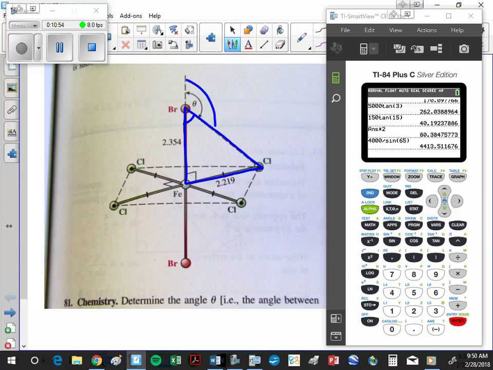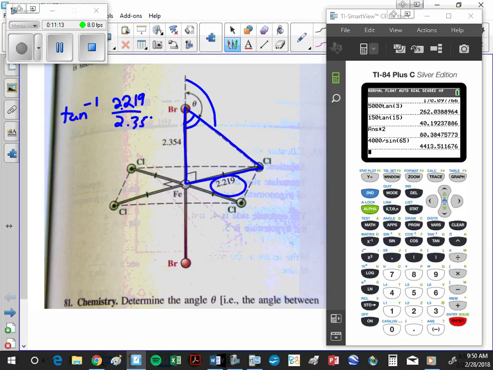So I can figure out this angle here. How would I find that angle? Tangent. Tangent inverse of 2.219 over 2.354.